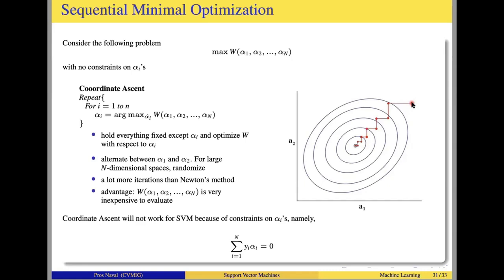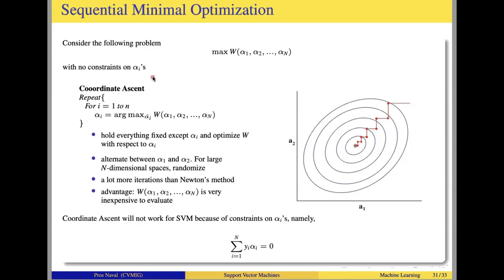Then we choose say alpha 2. Okay, we fix alpha 2 and then optimize. So when we optimize, we end up here. Then we choose another dimension, alpha 1, we end up there.